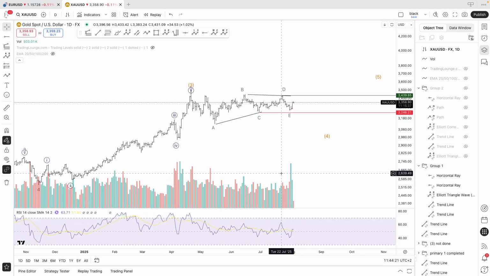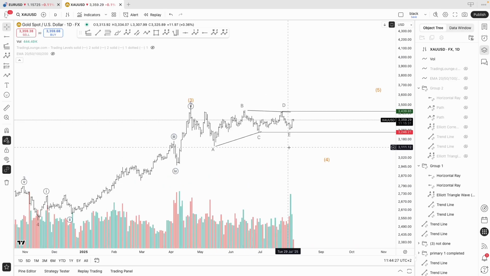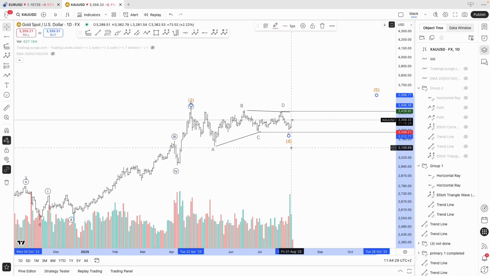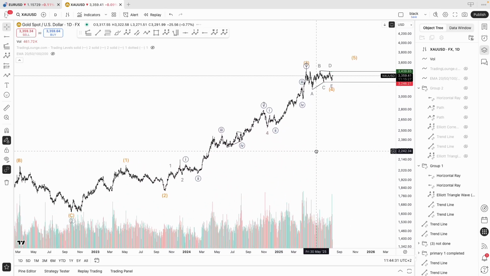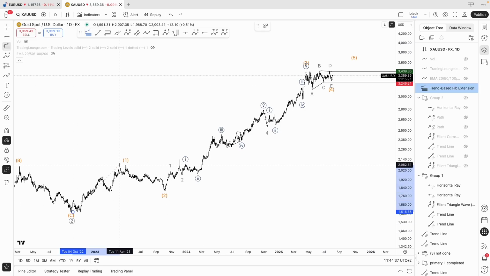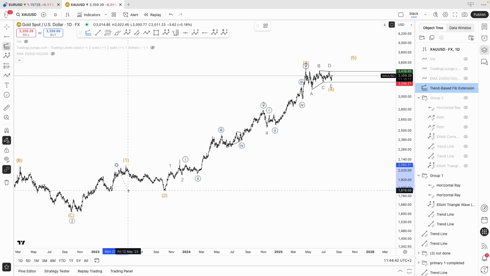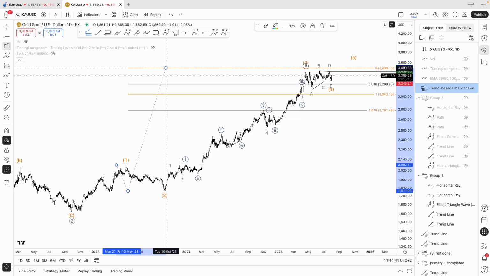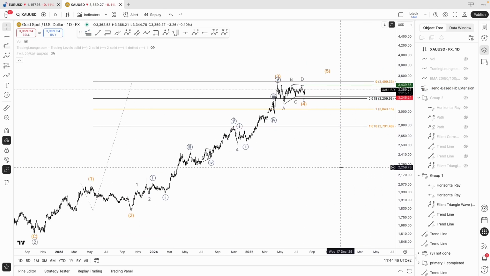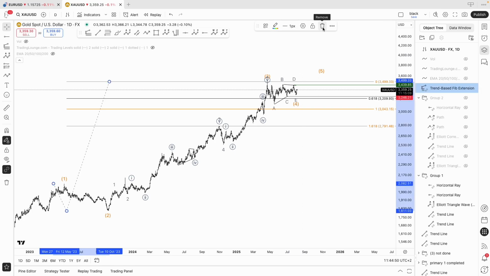Momentum. Nothing crazy. Yep, could be possible. You can also do the usual trick. It's not a trick, but let's measure wave 2 and compare 4 with it. Slightly above 61.8%, probably half of the length.